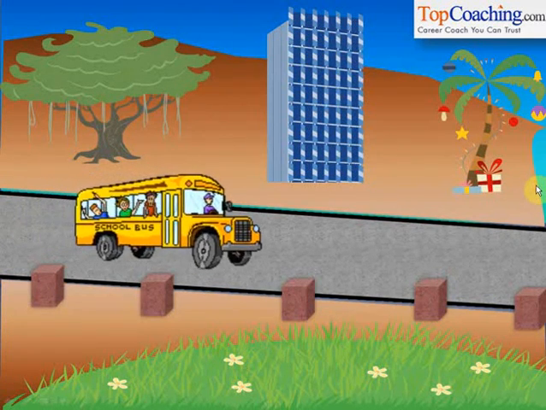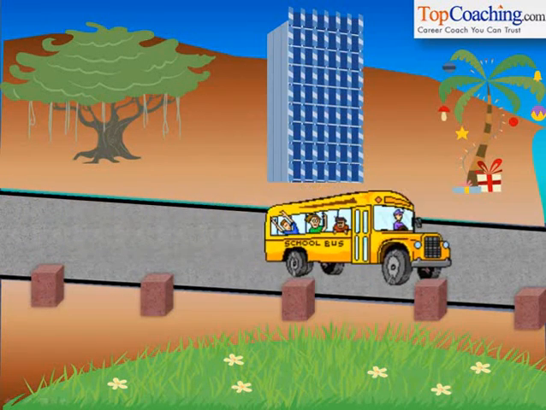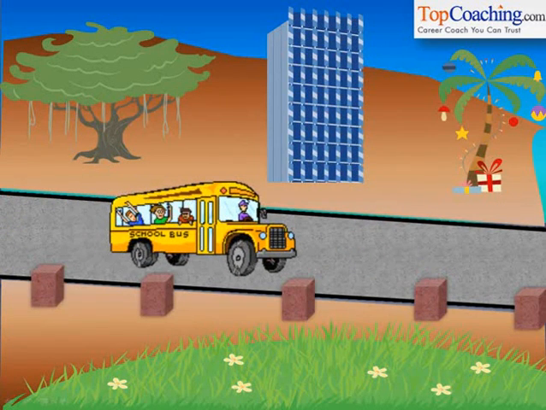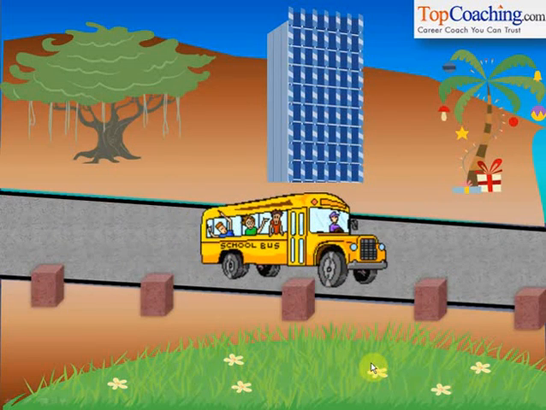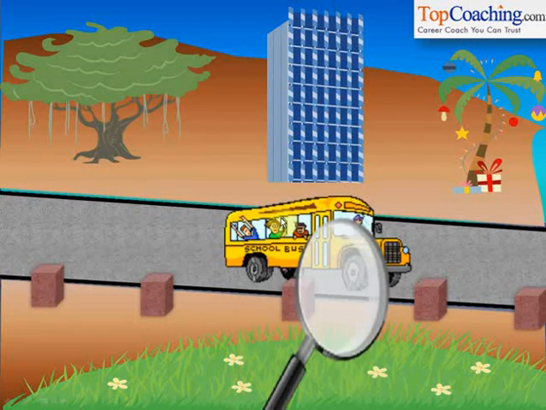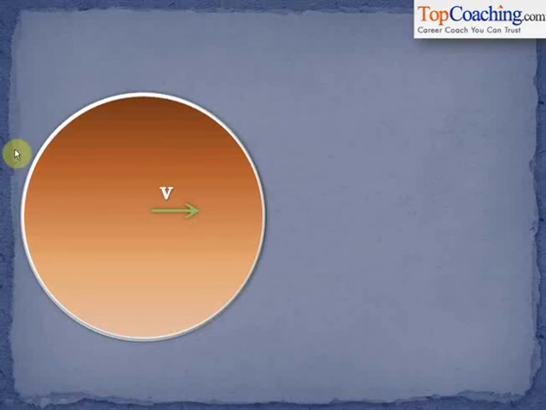So first of all, let us understand what exactly happens when both translation and rotation are taking place at the same time. We encounter this situation almost every day when we look at vehicles moving on the road. If you magnify the wheels of this bus here, what do you observe?